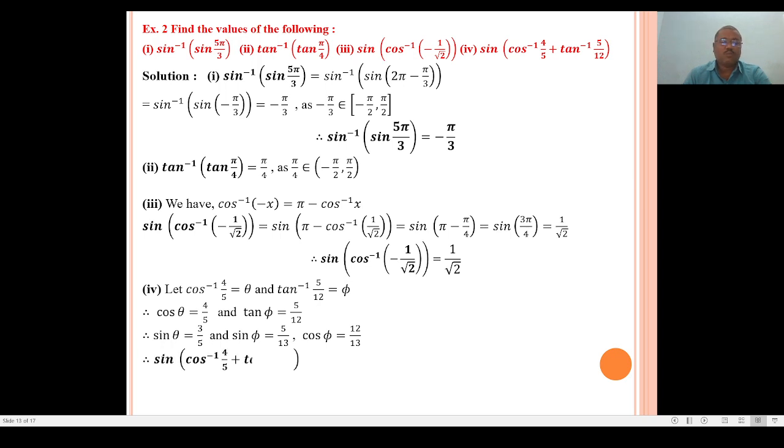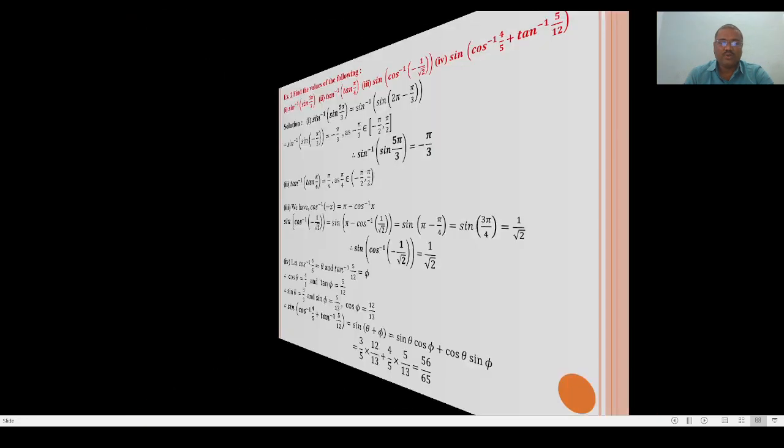So sin of cos inverse 4 by 5 plus tan inverse 5 by 12 equals sin of theta plus phi. So sin theta cos phi plus cos theta sin phi. Substituting these values, we get 56/65 is the value.